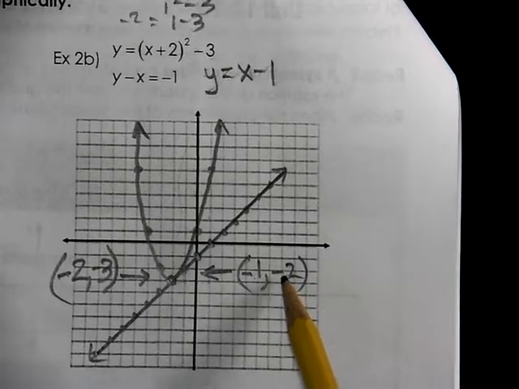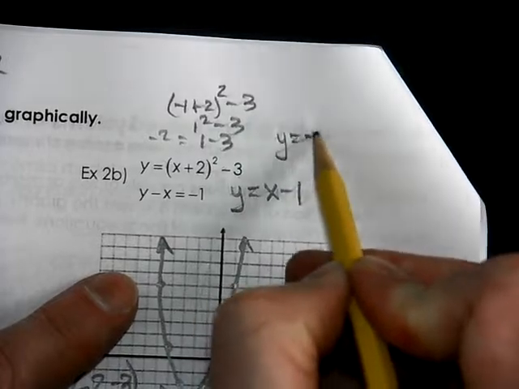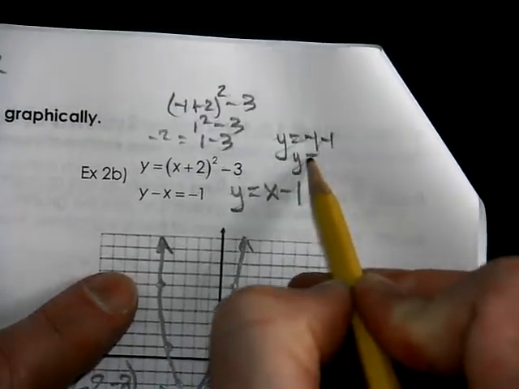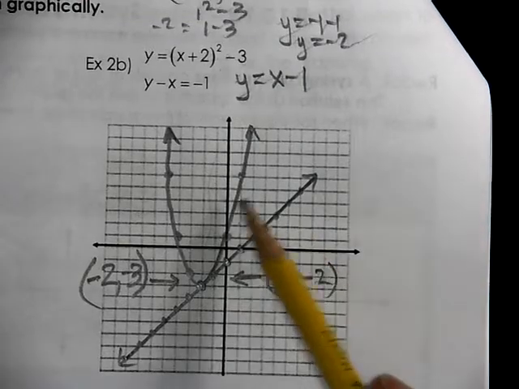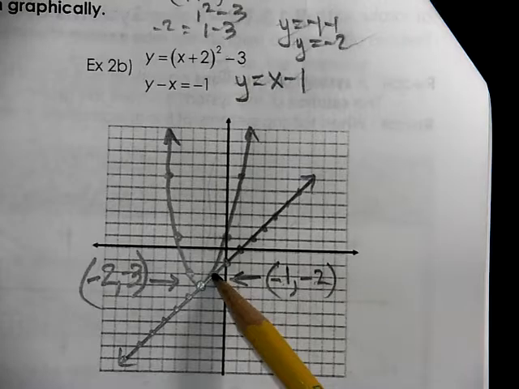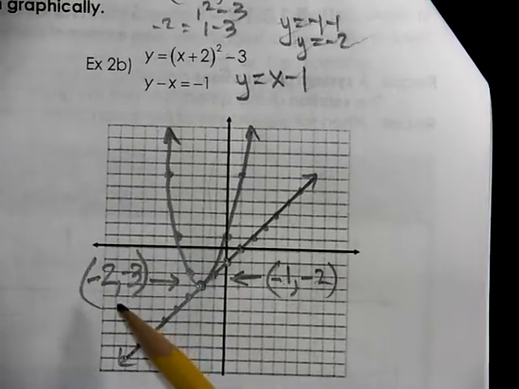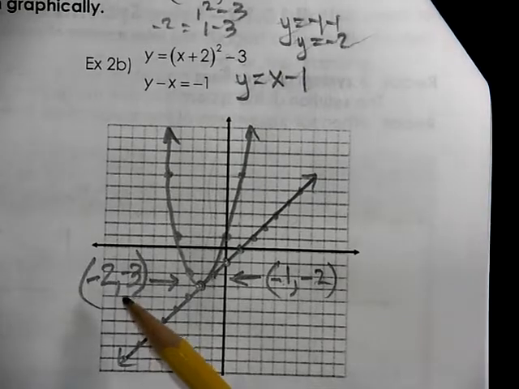So that's checking it. And you can check your other point: when you plug in a -1, you're going to get a -2. So both graphs exist right at this point of (-1, -2). And the same would work out for (-2, -3).